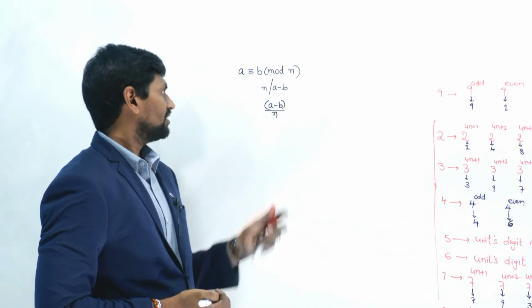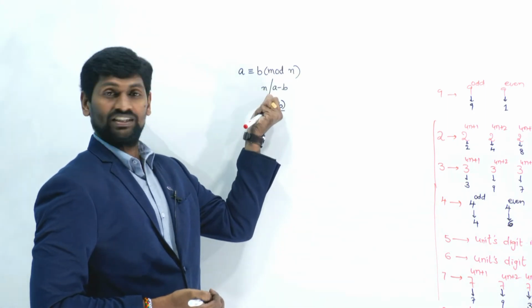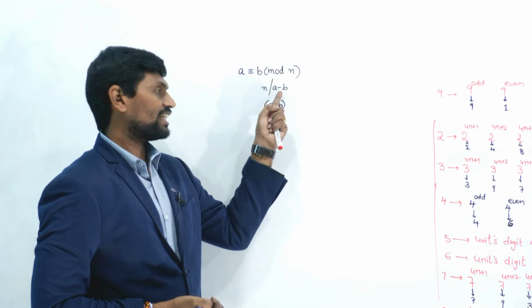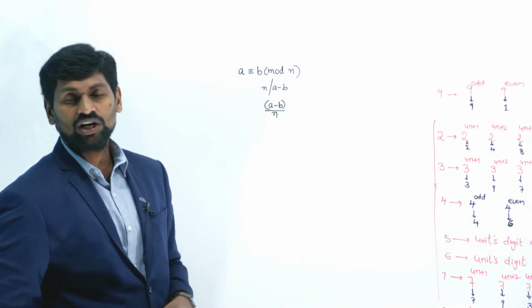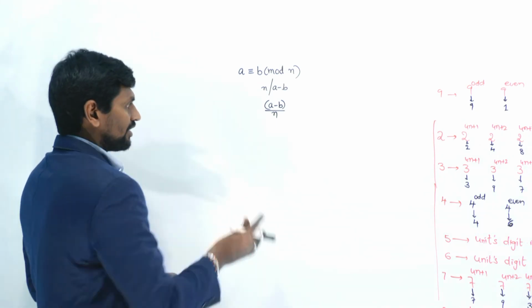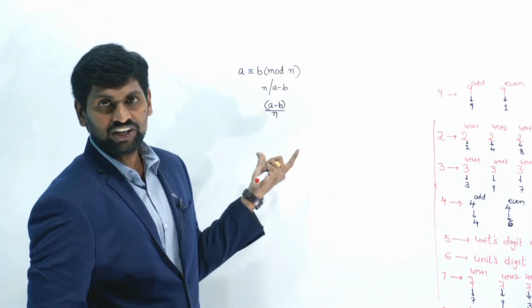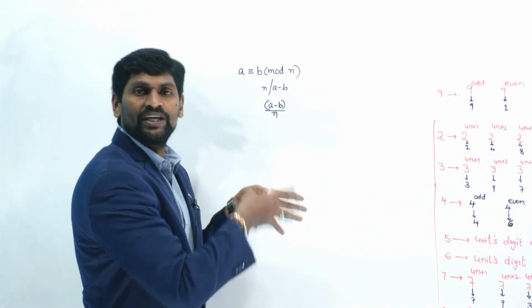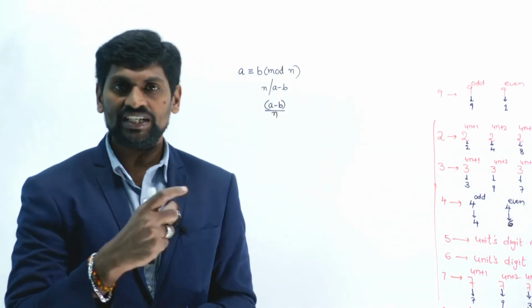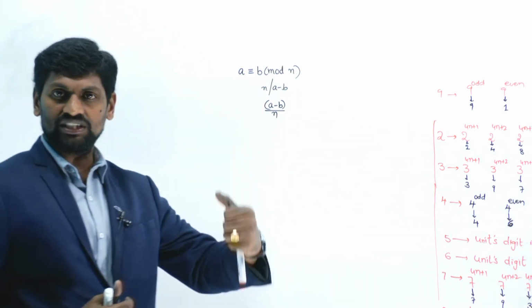Anything is same. And also we have discussed some congruence rules. If a1 is congruent to b1 mod n and a2 is congruent to b2 mod n, we can apply the arithmetic operations between them: addition, subtraction, multiplication and division. Okay?